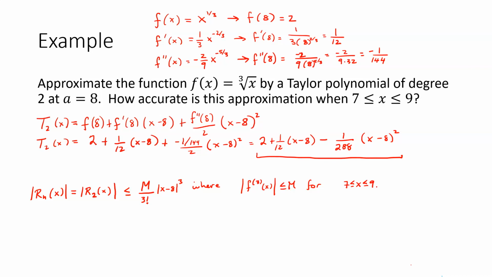Okay, so let's actually do one more derivative. We've already done up to the second derivative, so I'm going to compute one more derivative here to see how we can get a value for m. So let's see, the third derivative will have negative 2 over 9 multiplied by negative 5 over 3 gives me 10 over 27 x to the negative 8 over 3.